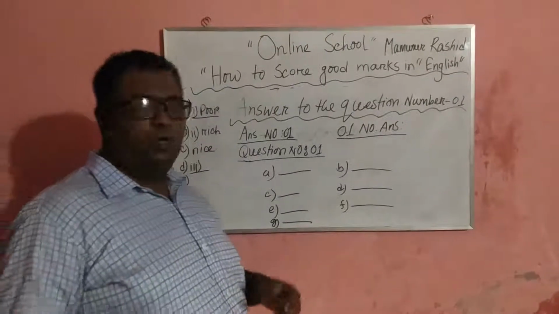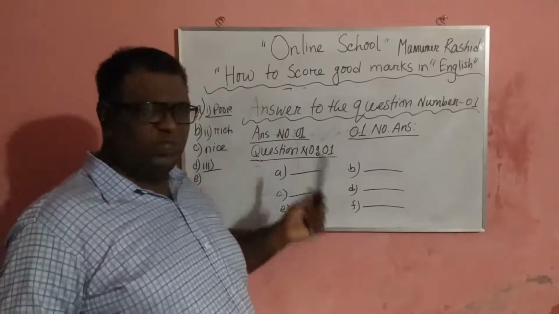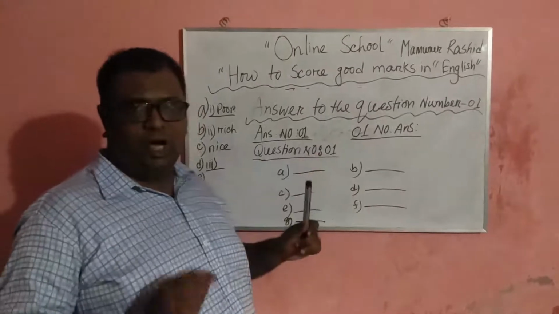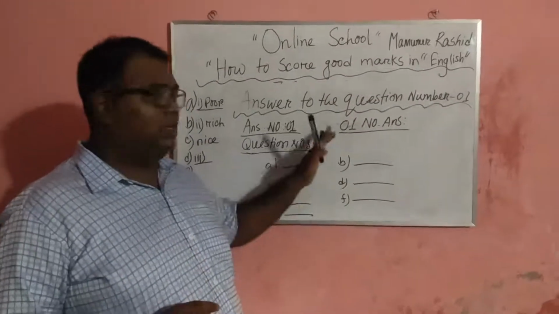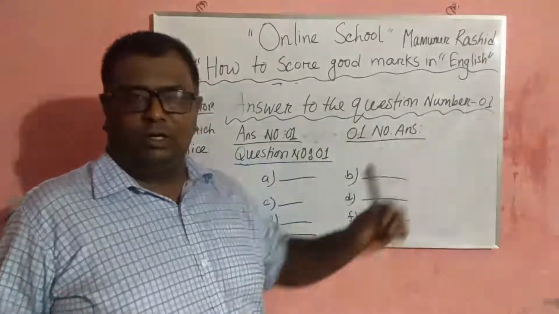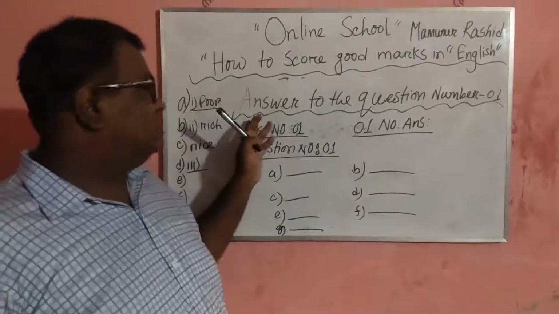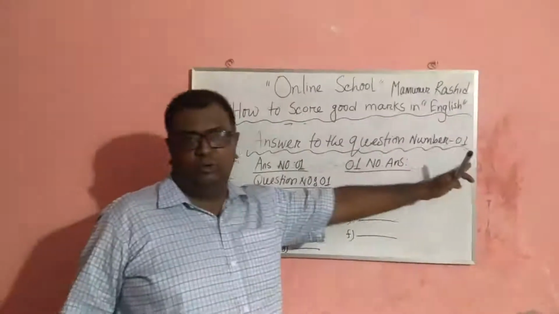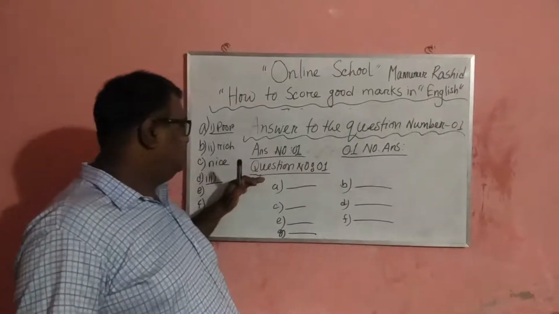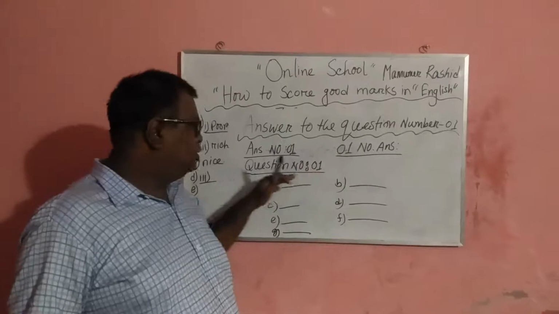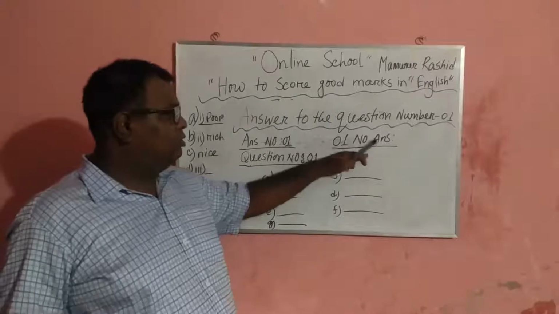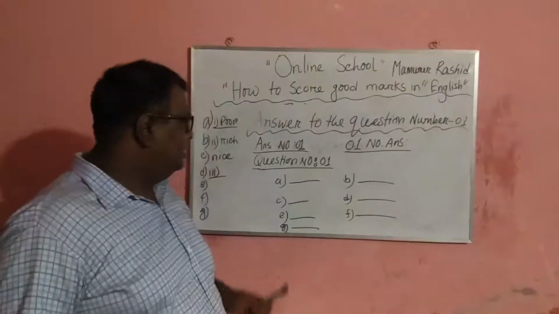Okay, my dear student, look, now I am going to tell you how to start your answer in the answer script. Suppose you are going to write the answer to question number 1, so you may write in your answer script like this: answer to the question number 1, or answer number 1, or answer question number 1, or you may also write one answer like this.